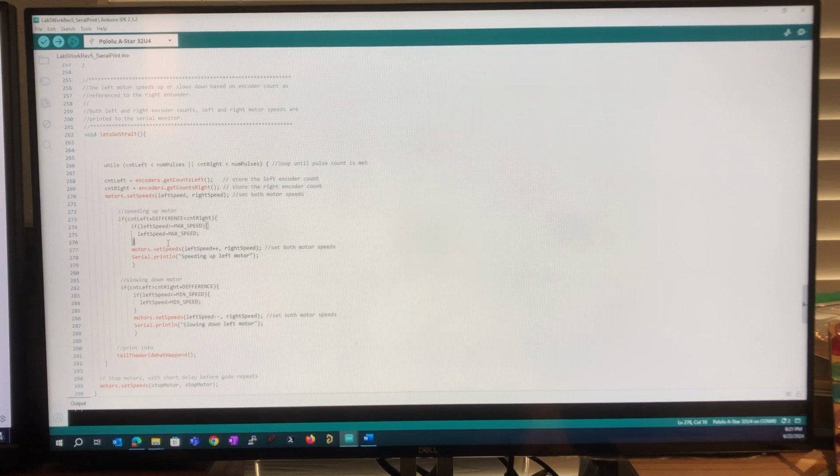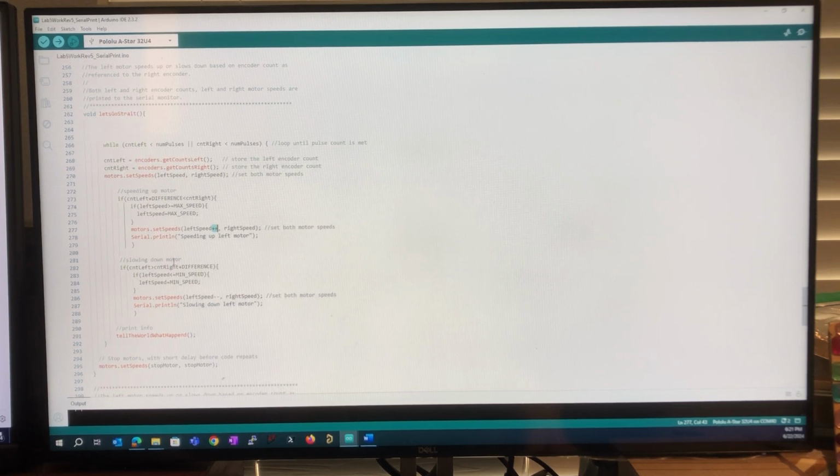My only modification is if the left count plus the difference, which we set to 0, falls below the right count, I'm going to speed up or increment the left motor. Similarly, if the left count gets ahead of the right count, I'm going to decrease or decrement the left motor speed.